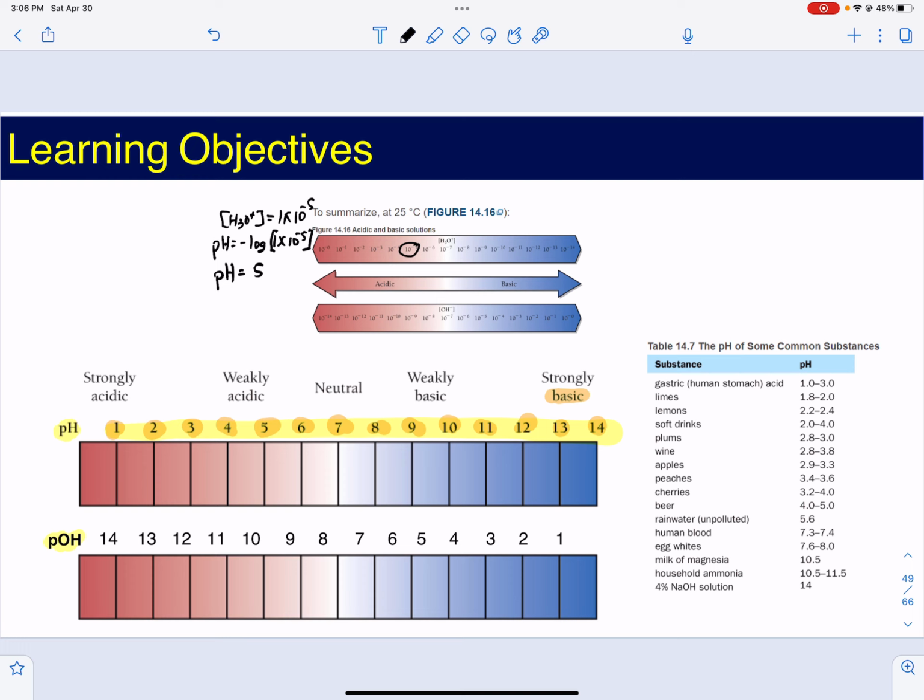If we're talking about being very strongly basic, then we're talking about a pOH that is a very low number. If we're talking about being very acidic, then we're talking about a pH which is very low. So pH is for acidity, pOH is for basic.